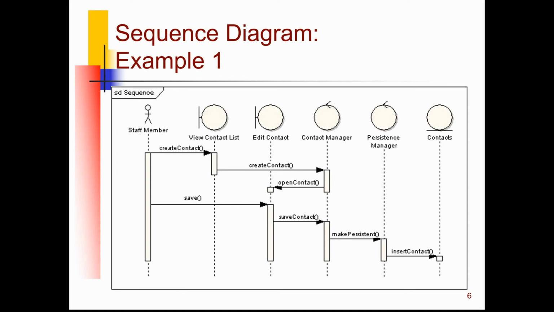Or if you click on a button, this button usually will call an operation of another object. So for a boundary object, there's always a control object behind it to handle the interaction. In this case, behind this view contact list, we have this contact manager to coordinate with different interfaces.